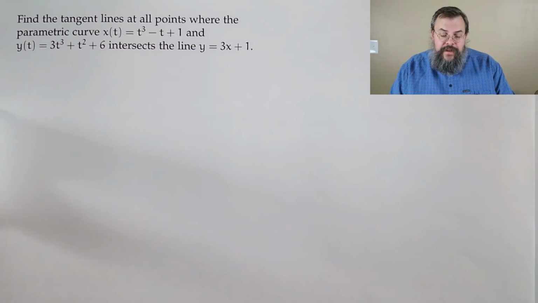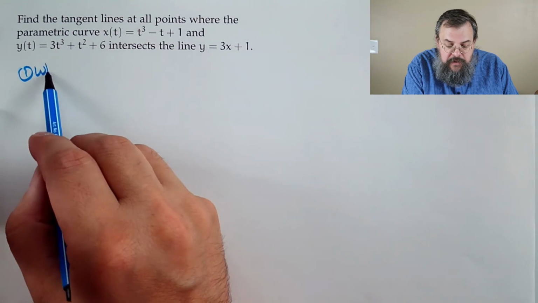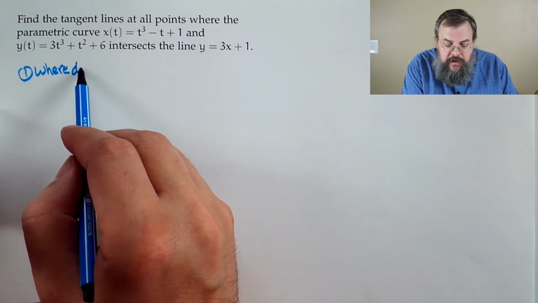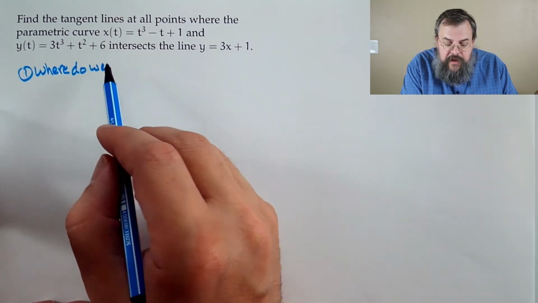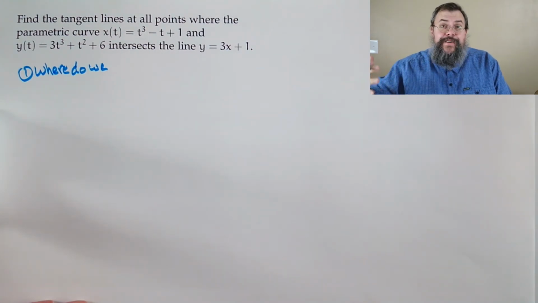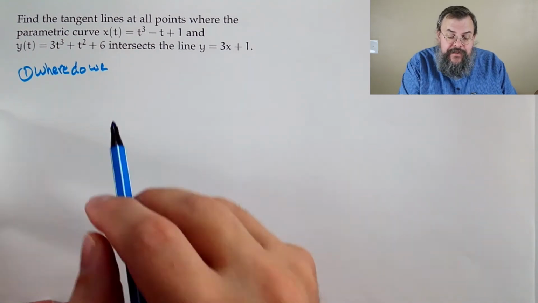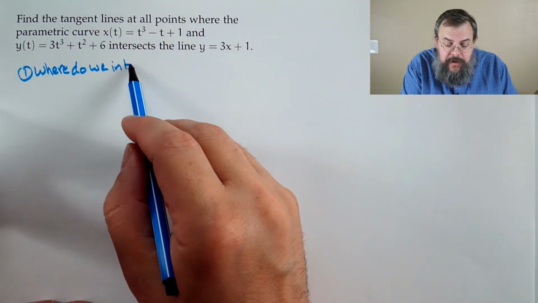The first step, step 1: where do we intersect y equals 3x plus 1? That's important for us to know, because we can't start finding a tangent line until we know at what parameter value for t we should take our tangent line.